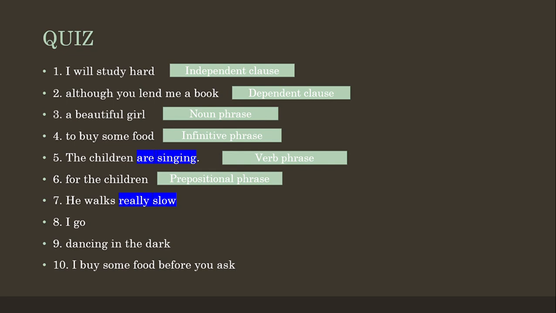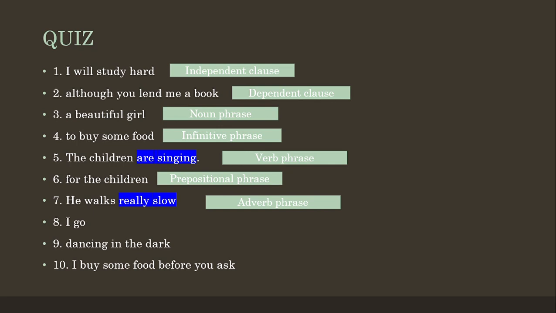Next, number 7, he walks really slow. The phrase in blue, really slow, modifies the verb walks, so it is, yes, an adverb phrase.